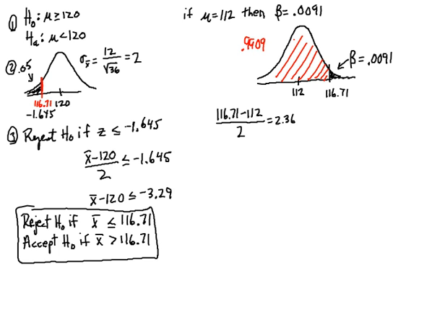So the probability of making a type 2 error is pretty small if the average life of the batteries is actually 112. Now I want to analyze the situation where the average life of the batteries turns out to be 115. So if mu is 115, then what is the probability of making a type 2 error?